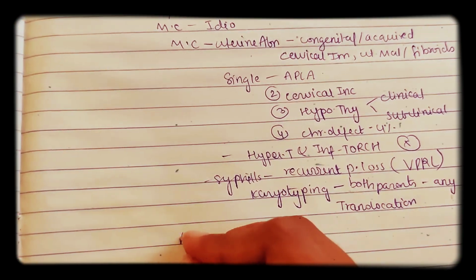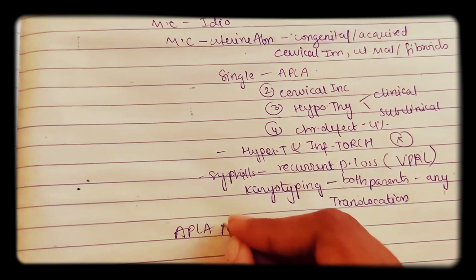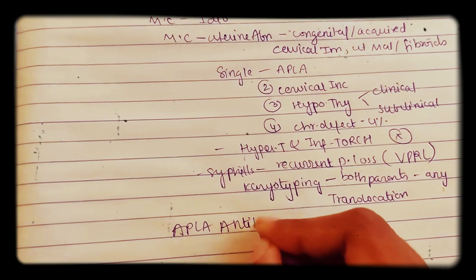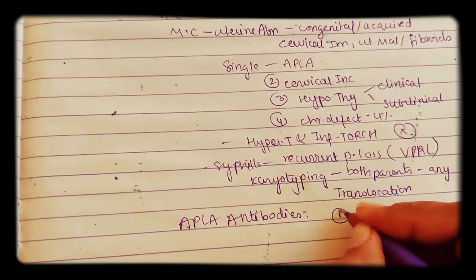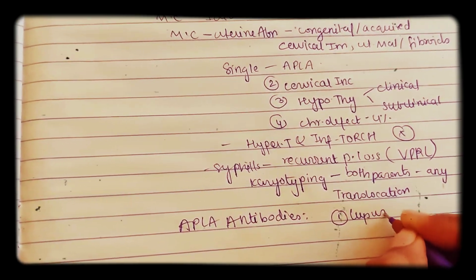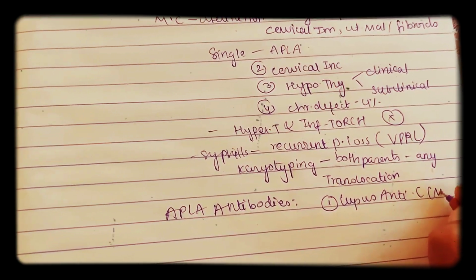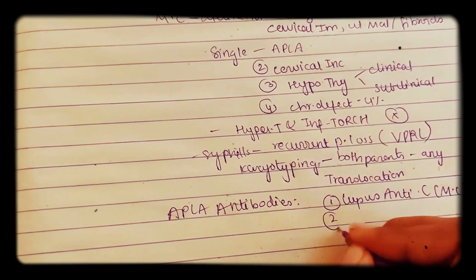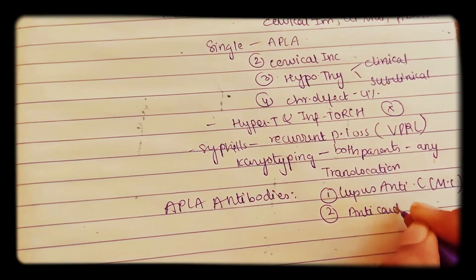Now coming to APLA, antiphospholipid antibodies. What are these? The first antibody is lupus anticoagulant, which is the most common. The second one is anticardiolipin antibody.